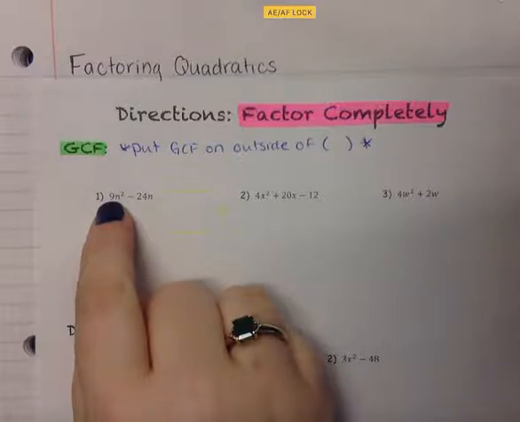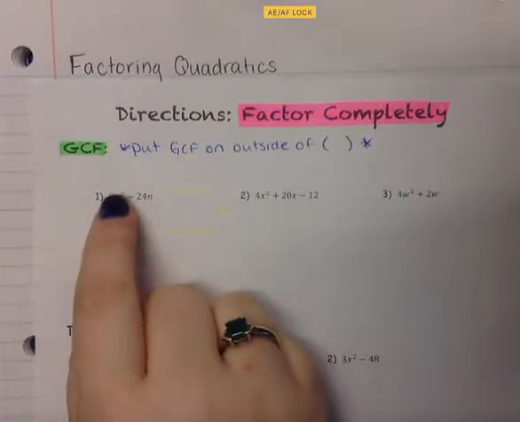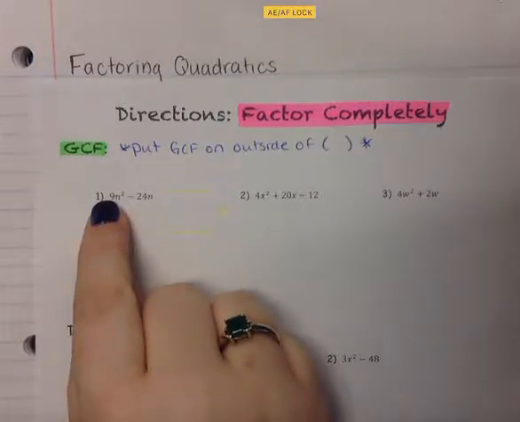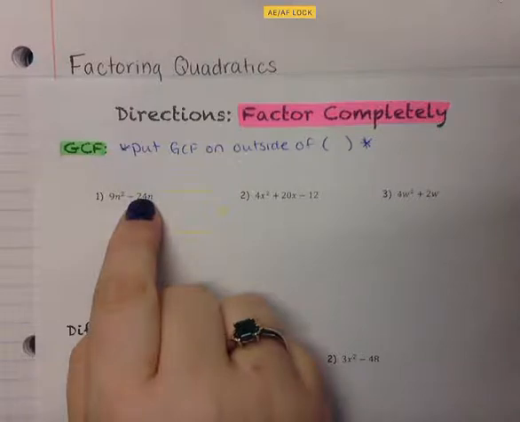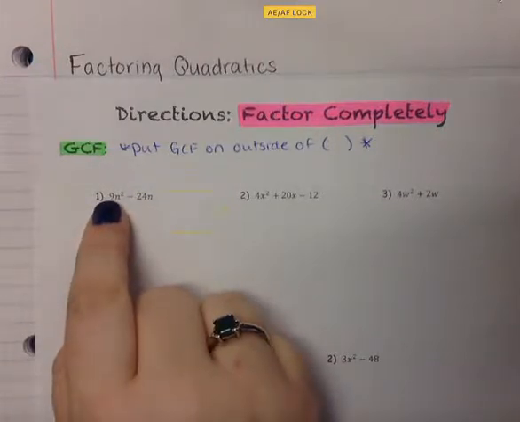So I want to find the greatest whole number that will go into both 9 and 24. That's why we look at the smaller number. 24 cannot be divided by 9, so that is not the good number.